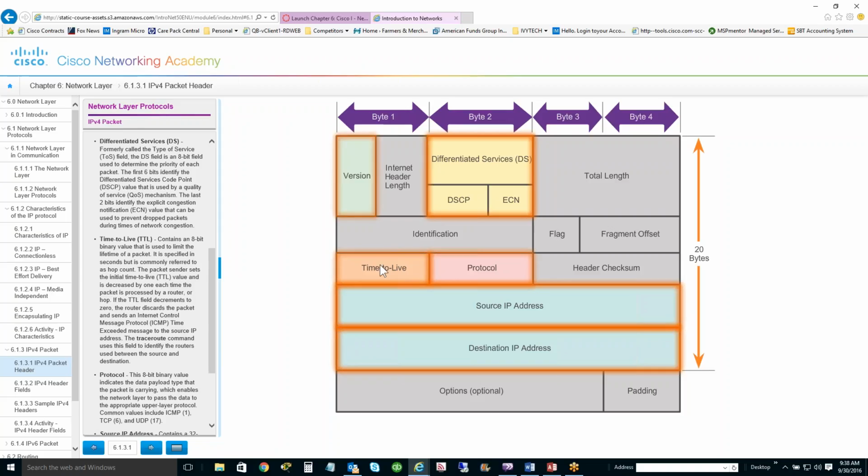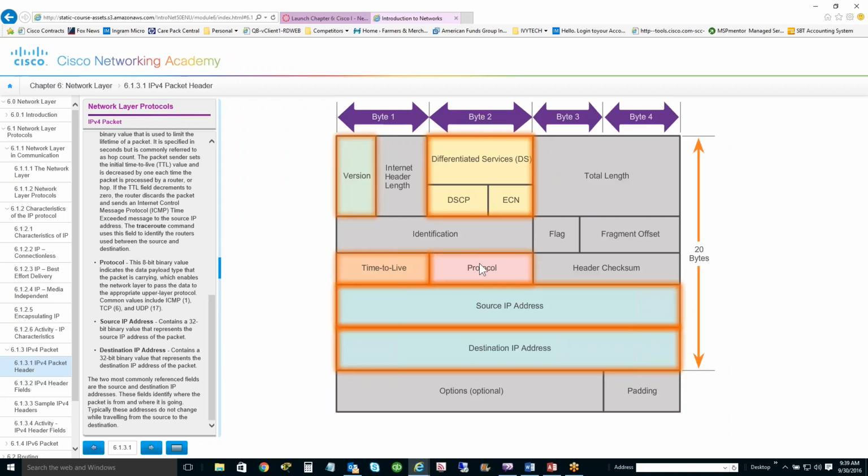And if a particular packet has been routed more than the time to live, then the packet just drops. The reason why this is employed is if you've got a routing loop in your network. This, in theory, protects that network device from being overwhelmed by packets that are just coming back over and over and over again.